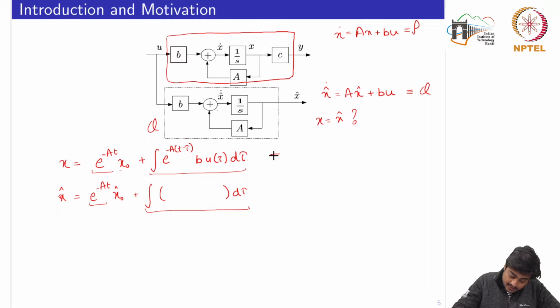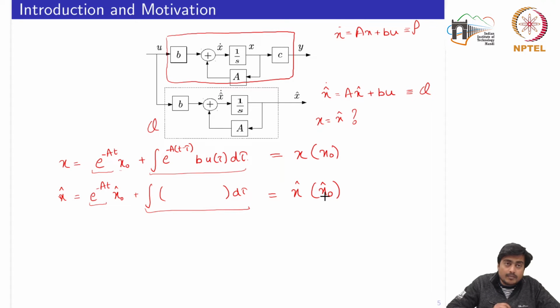So I can write this as x as a function of x naught, and this as x hat as a function of x hat naught. I know that if x naught becomes equal to x hat naught, then I would definitely have x equal to x hat for all time t.